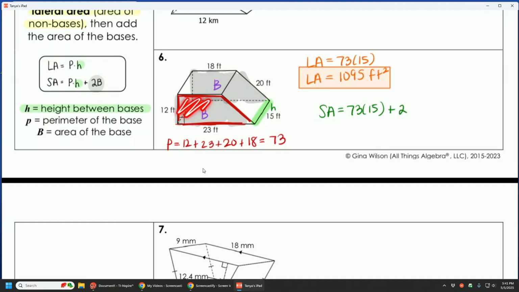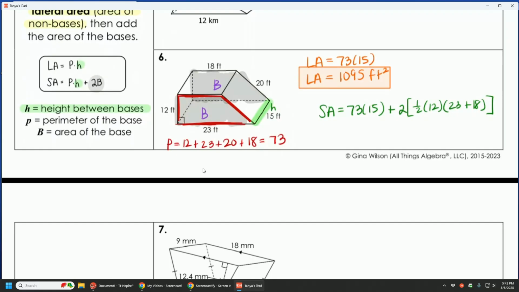And then capital B, that's a trapezoid. So you need the formula for area of a trapezoid. 1/2 the height of this trapezoid, which is 12. And then times base 1, base 2, so the top and the bottom. 23 plus 18. And then I'm going to close that up.